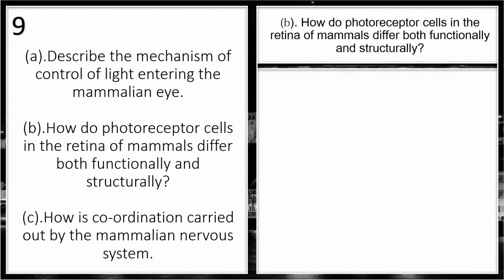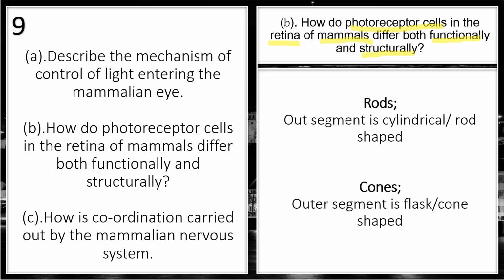Part B. How do the photoreceptor cells in the retina of the mammals differ both functionally and structurally? The photoreceptors, we have the rods and the cones.